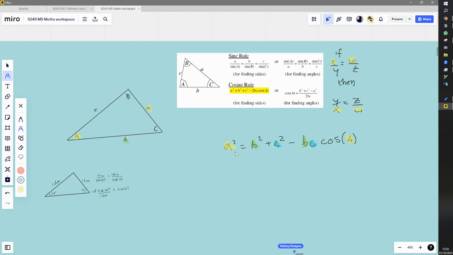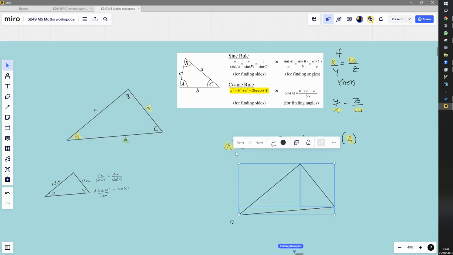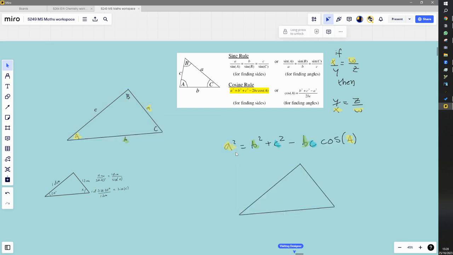So let's do an example of this one now. So we've got our triangle again. This time we'll just say that this is our side. So we'll call this X, and we'll say that we know this angle here is, say, 25 degrees, and we know that this side is, say, maybe 10 centimeters, and this is 16 centimeters.